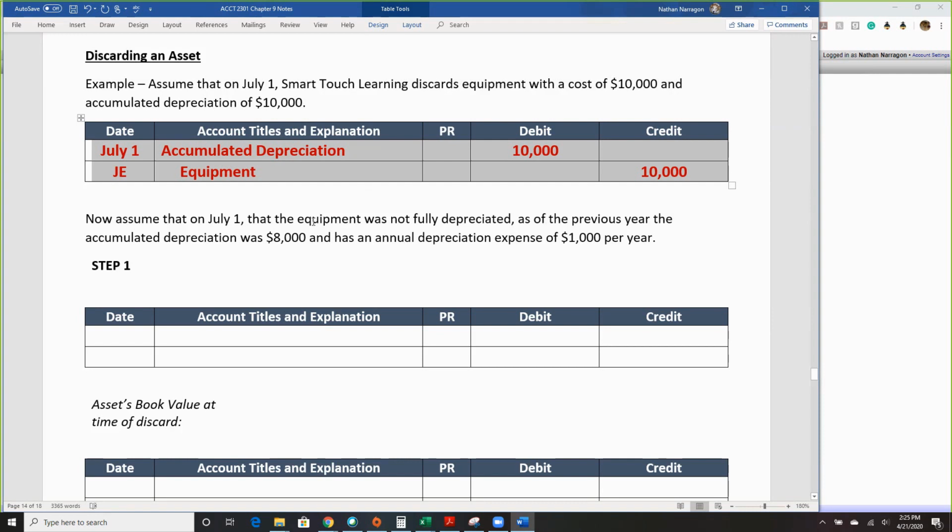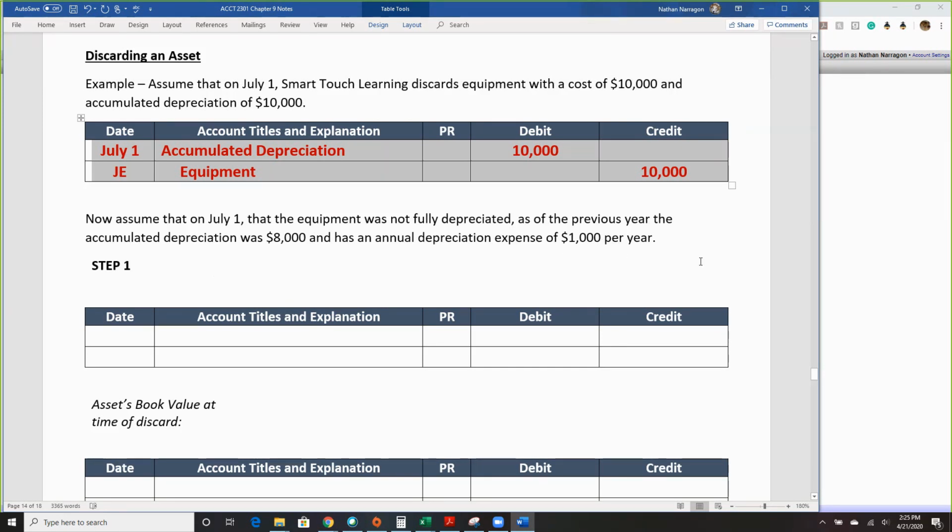Now, let's take the same asset, the same equipment, and we're going to assume that on July 1st, the equipment was not fully depreciated as of previous years. The accumulated depreciation was $8,000 and it has an annual depreciation expense of $1,000 per year.